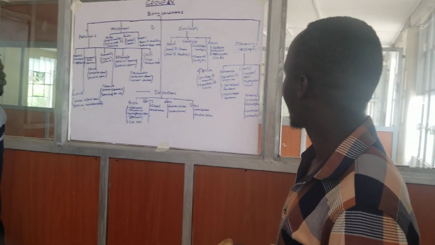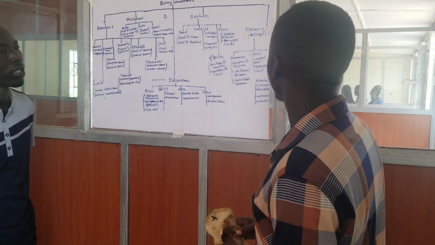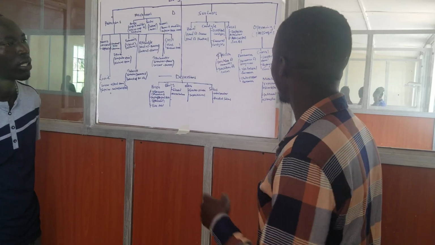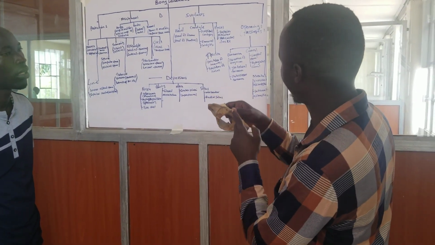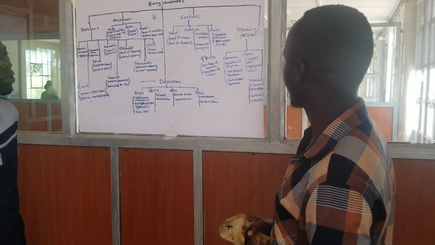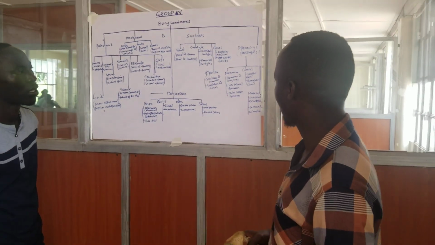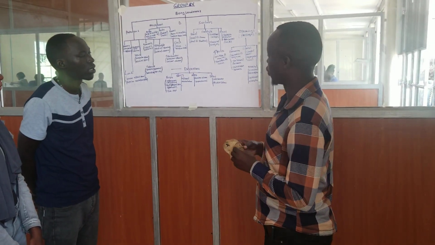Now, under the passages or openings, we have the foramen, the canal, and the meatus. A foramen is non-articulate, and articular simply means joint.